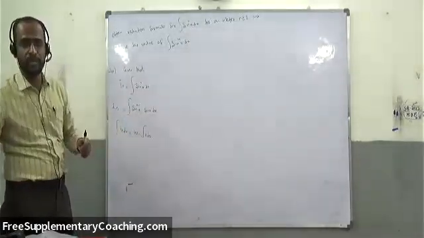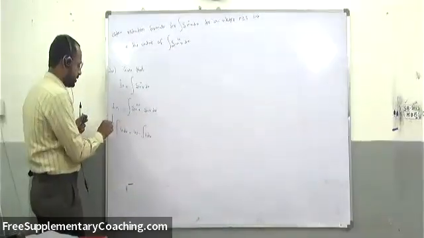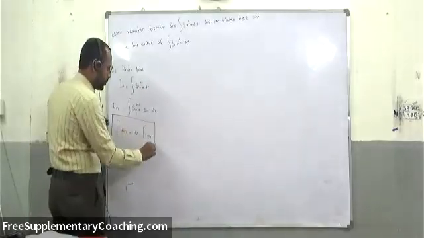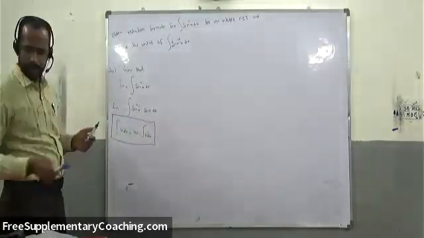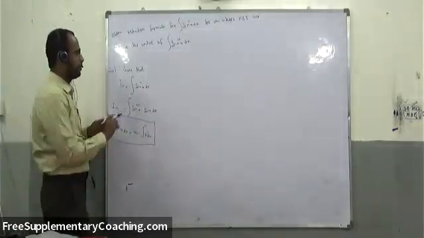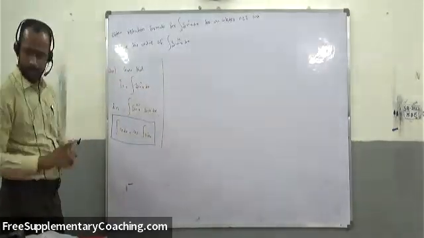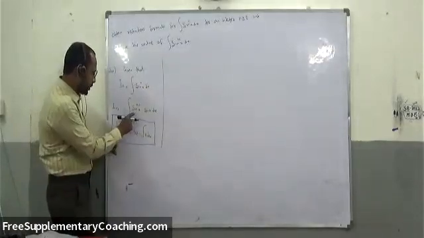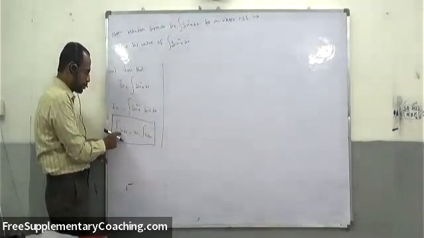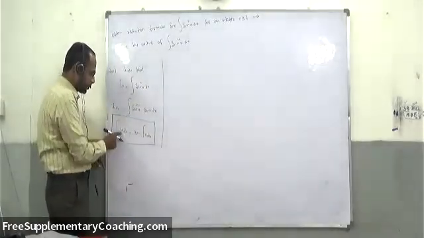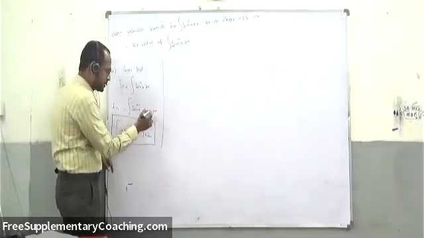I will tell you what is u and what is v here, and what is du and what is dv, and I will show you how you have to find these. So now we will continue from here. See here, u dv: on the place of u, sine power n minus 1 x; on the place of dv, I have sin x dx.